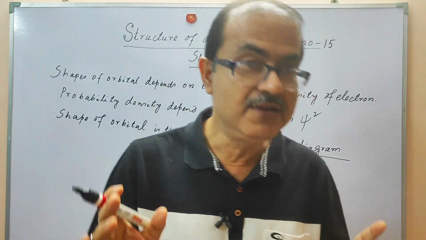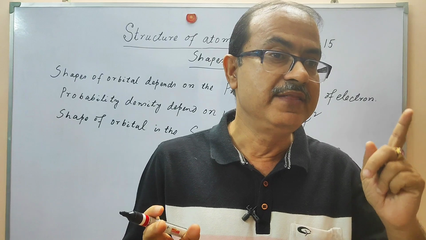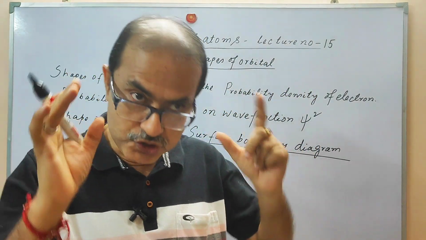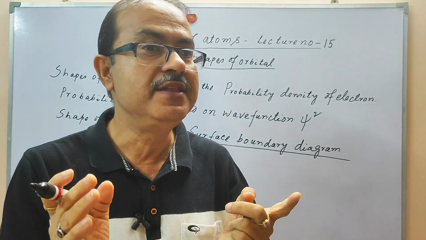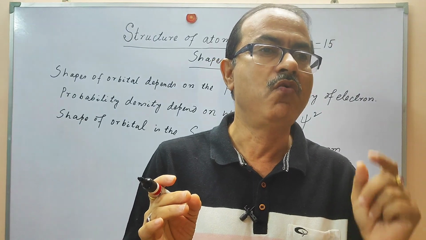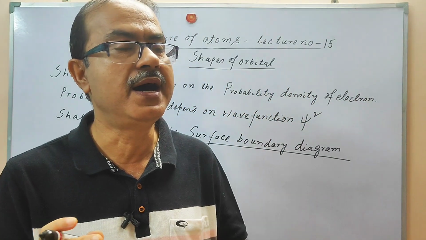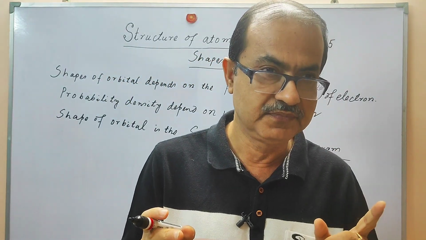So we can say that the shape is basically the surface boundary diagram which encloses a volume in the space of the atom where the probability of finding the electron is 90 to 95%.